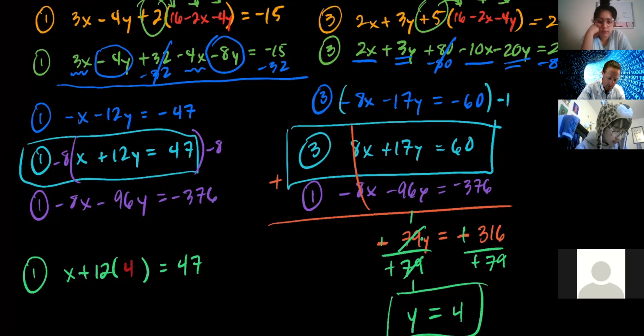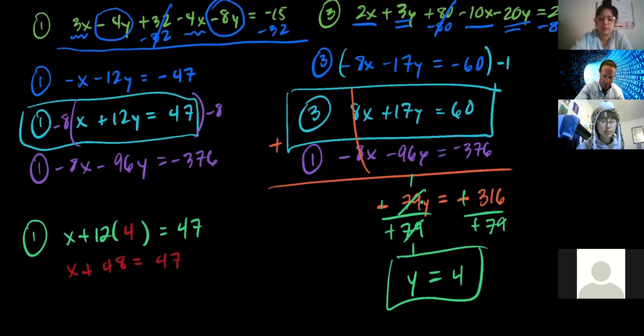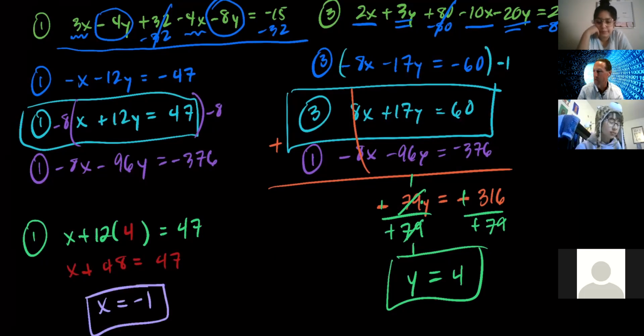Multiply that out, you get X plus 48 equals 47. Do you have to sit there and subtract the 48 over? Or should you be able to tell me what, when I add 48 to it, gives me 47? -1. That's right. So we know x now as well.